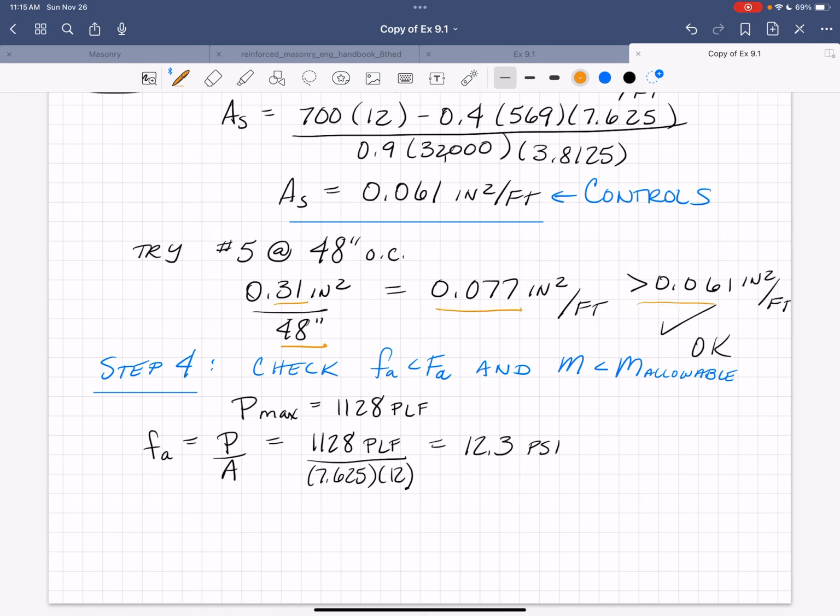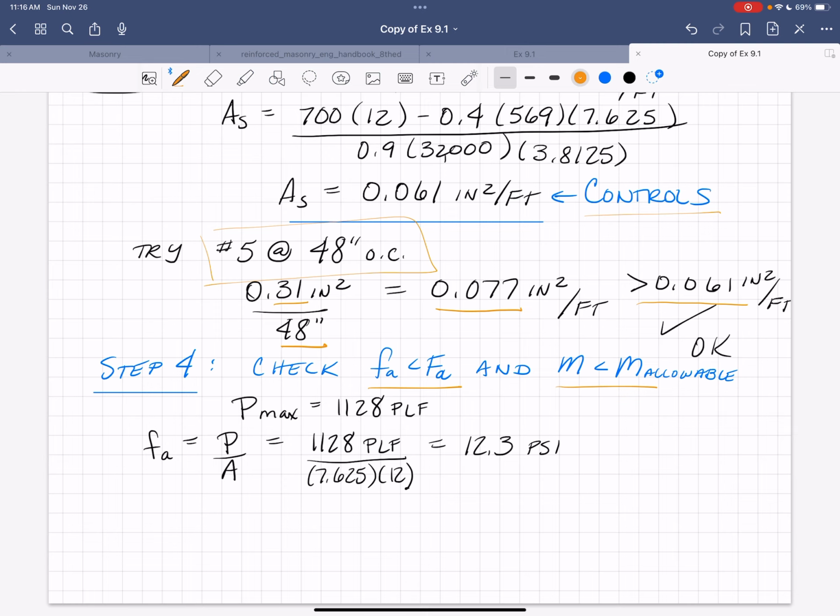And that is greater than the controlling required area of steel. Okay, so now I have my design. That's going to be my answer if everything checks out. So now, I still have some checks to do. I need to check the axial demand and allowable, or the required and demand, and the same for the M.